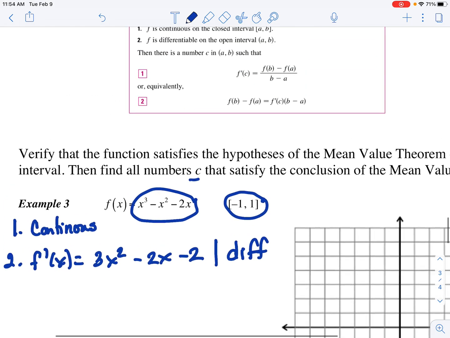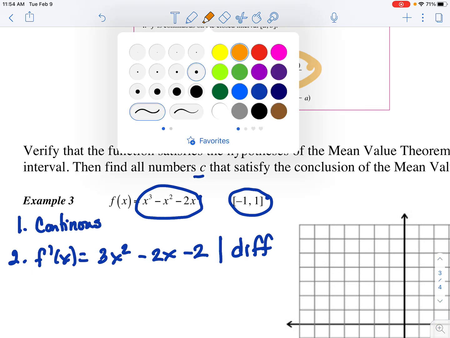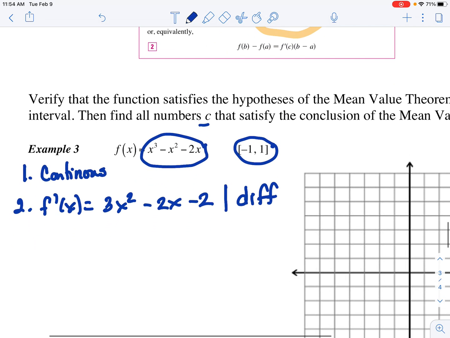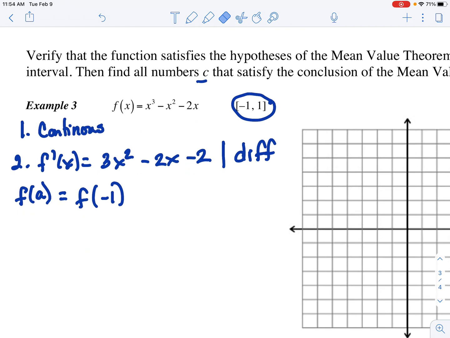All right, we don't have to do our f of a or f of b to show it, but we still have to because of this right here. So let's do our f of a. Again, this is a little bit of a pain. Make sure we're doing it in the original function.